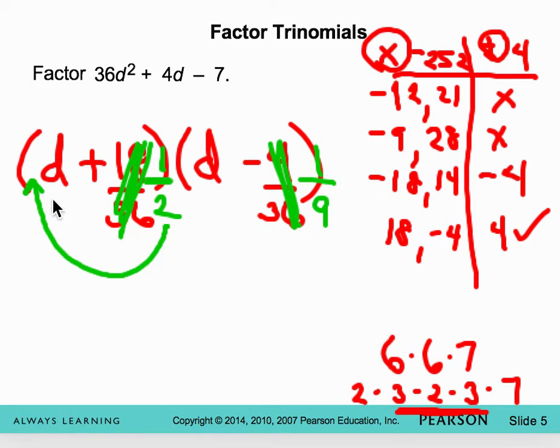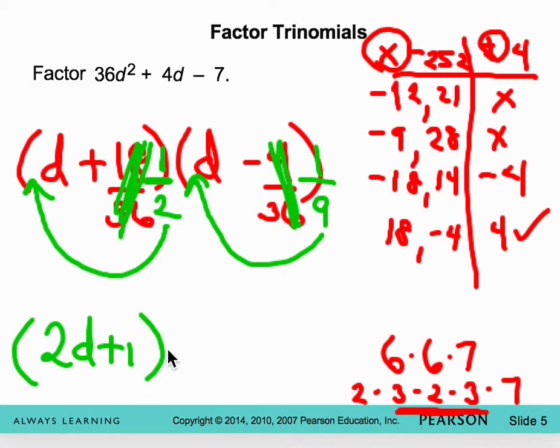The denominator moves to the front. And we have 2D plus 1 and 9D minus 1. And I can tell that that's wrong because 1 times 1.